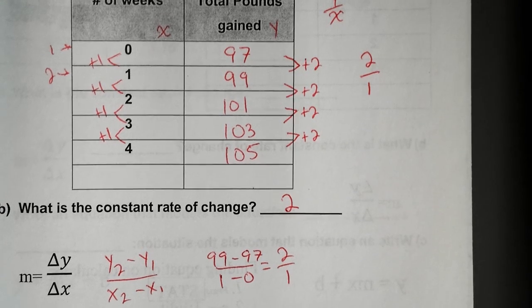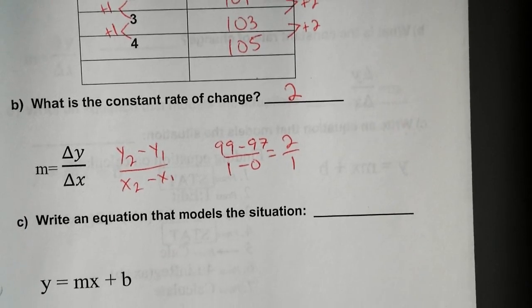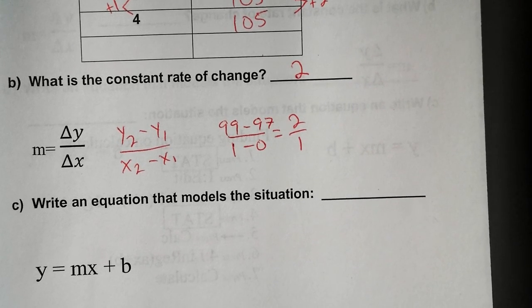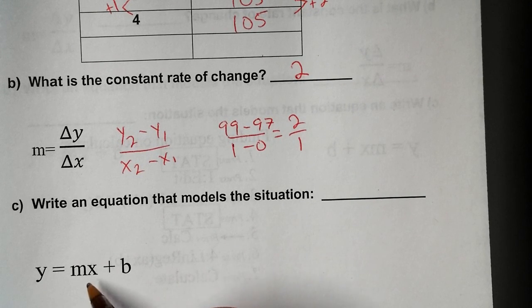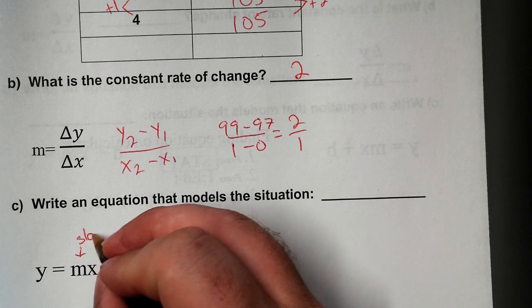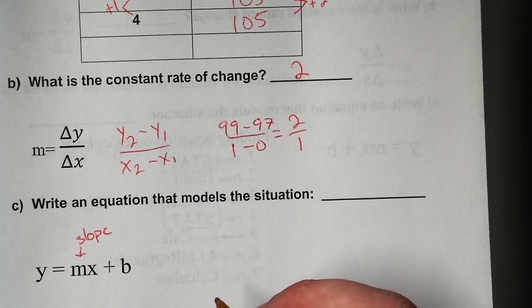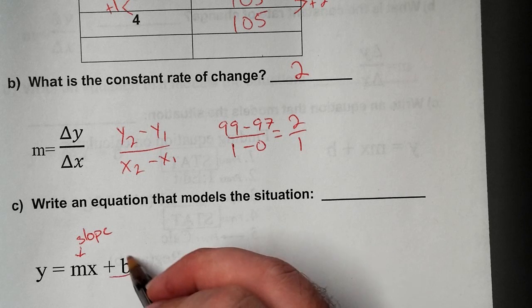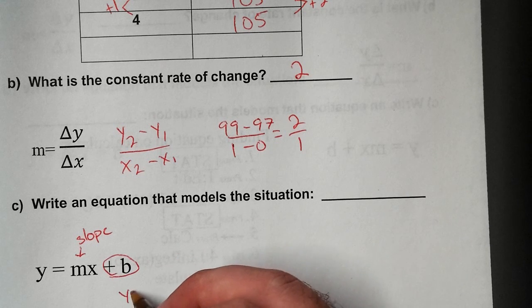Now, part C asks us to write an equation that models this situation. Now we know our y values over here. M is what? It's the slope. We have our x value, and then we have this plus b. I'm hoping you remember this equation from last year. This plus b is our y-intercept.